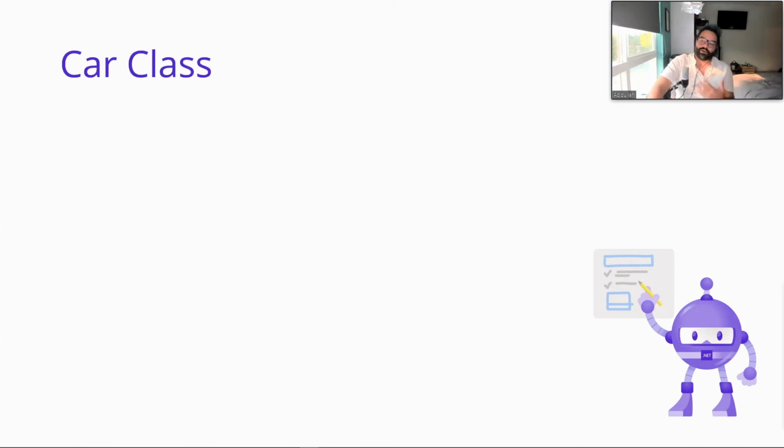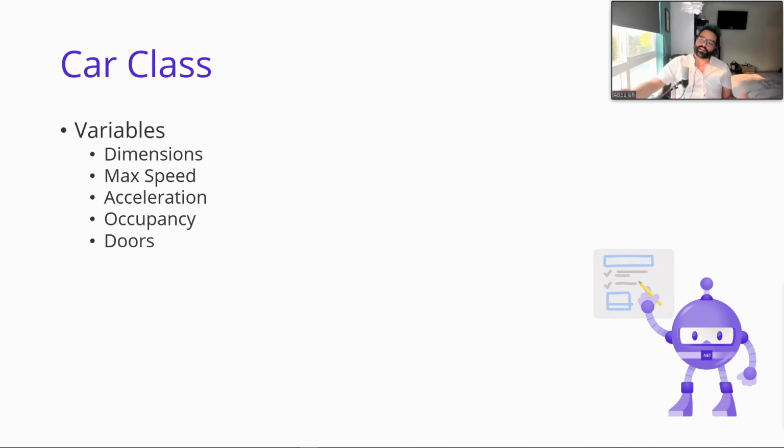So let's think about a car class. How does it look? Let's do a little exercise. So we got variables that describe what a car is, right? It has different dimensions, X, Y, and Z. It has a max speed, acceleration value, how many people can occupy the car, and how many doors.